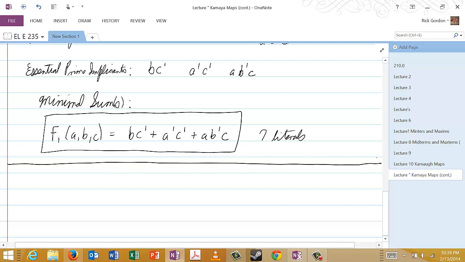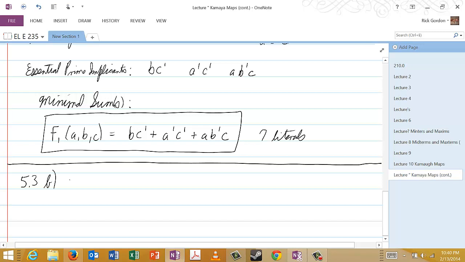So now let's move on to another example. We have 5.3c. Maybe we should do B first. B is a little bit simpler, and then we'll go to C. So let's go to 5.3b.